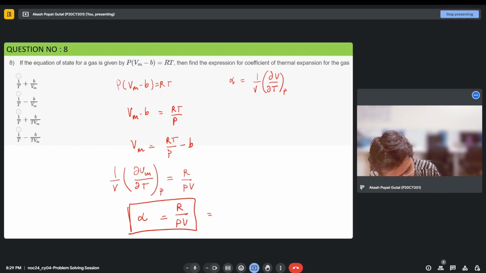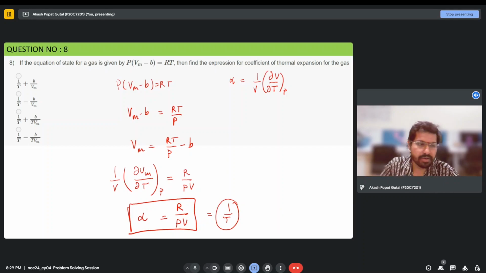So it's nothing but, since PV is RT, it should be 1 by T, because it resembles the ideal gas equation. For an ideal gas also, alpha is 1 by T, but here the options are different.